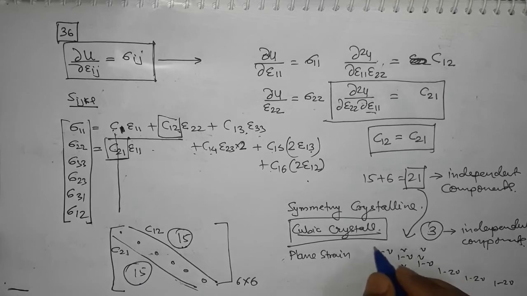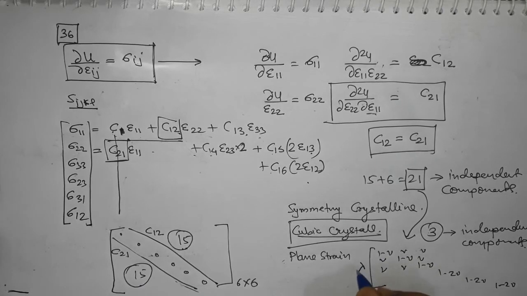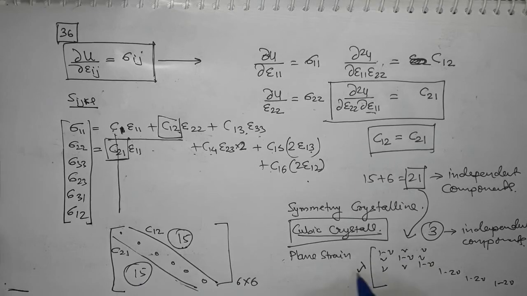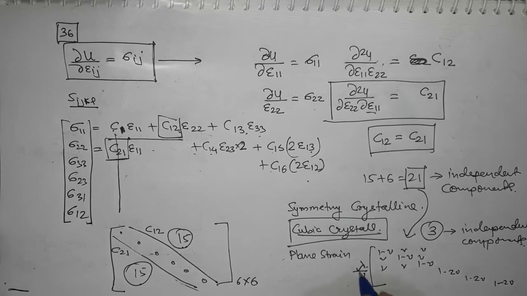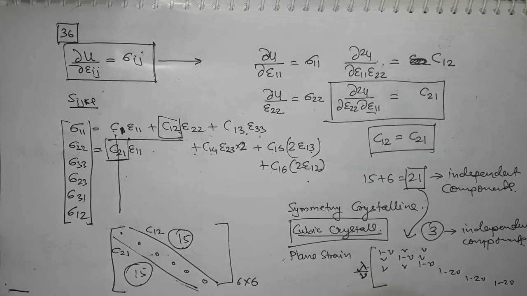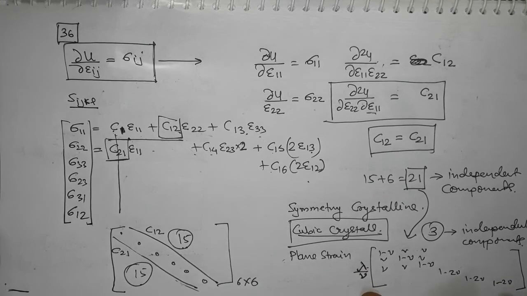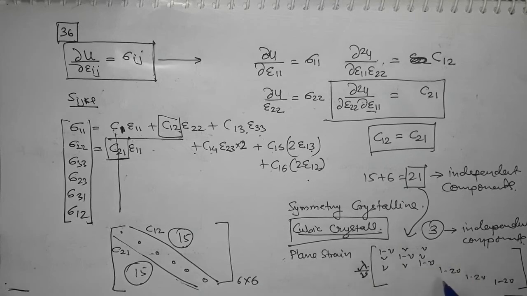Rest of the things were 0. And we had Lame's constant here, Lame's constant divided by mu. Right? So this was our C matrix for plane strain condition.